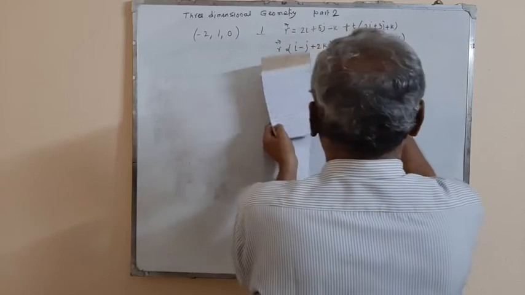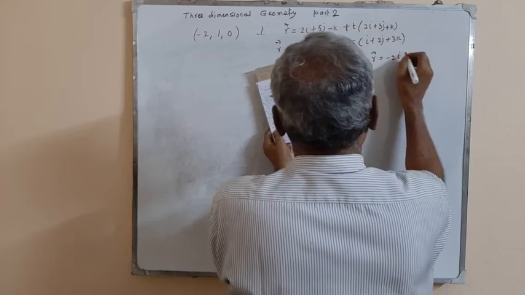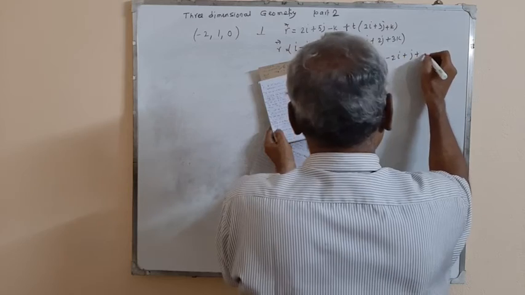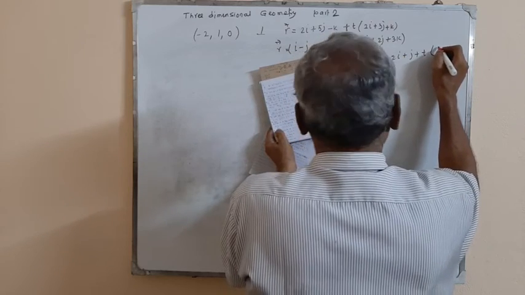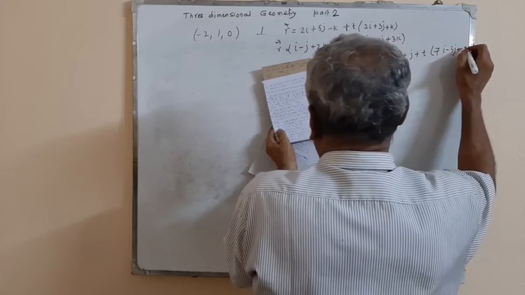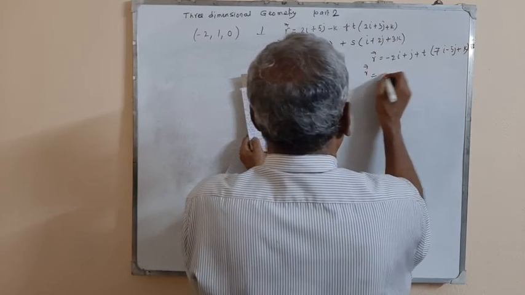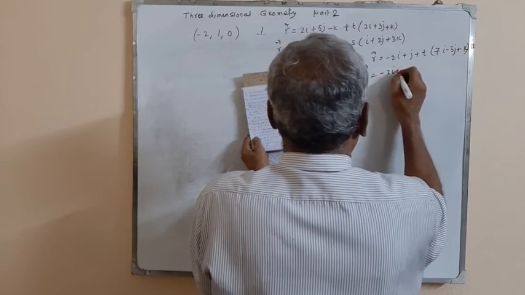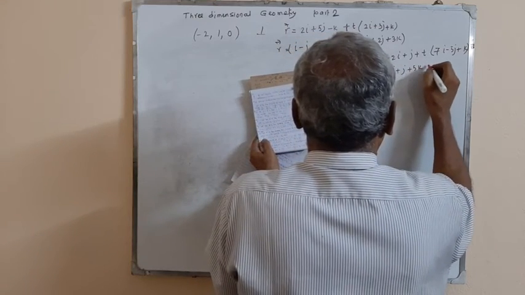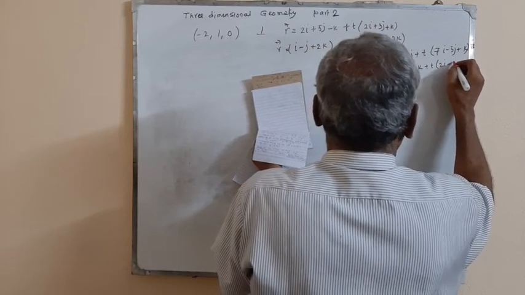Options. First: r is equal to minus 2i plus j plus t times (7i minus 5j plus k) only. Second one: r is equal to minus 2i plus j plus 5k plus t times (2i minus j).